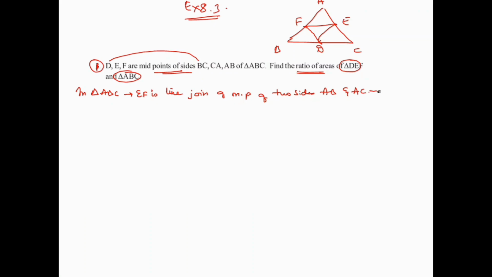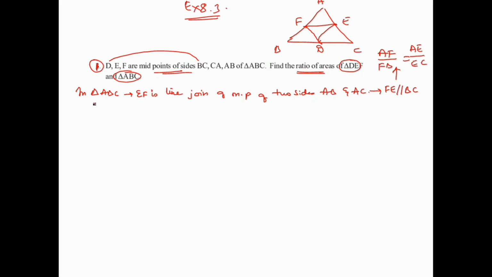So I can say that FE is parallel to BC. How can I say that? By using the basic proportionality theorem, I can write this as AF by FB is equivalent to AE by EC, isn't it? You are dividing it in the same ratio, right?